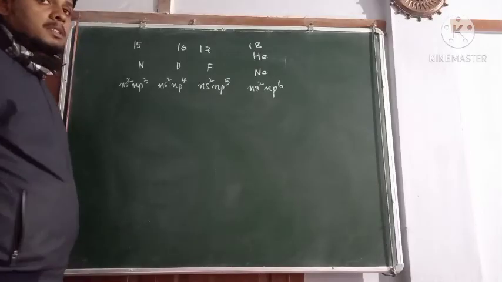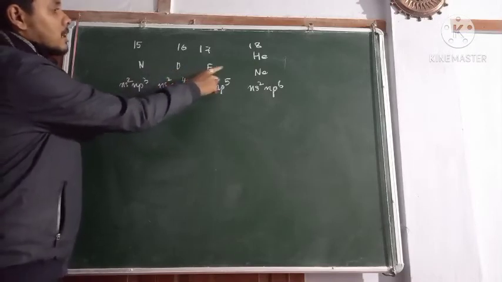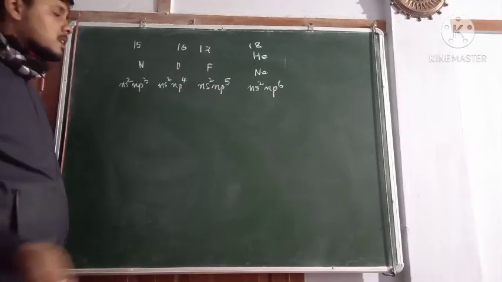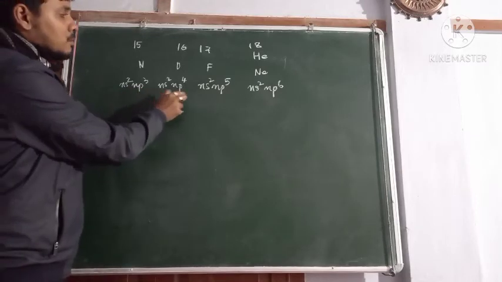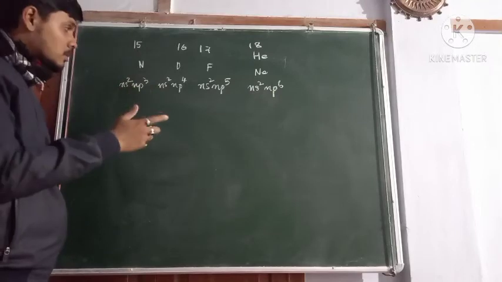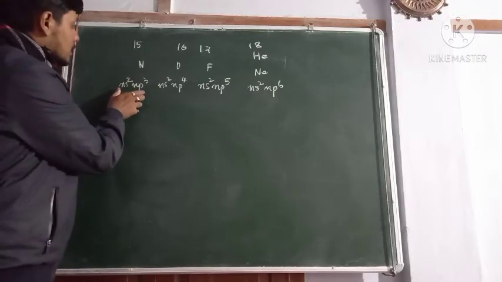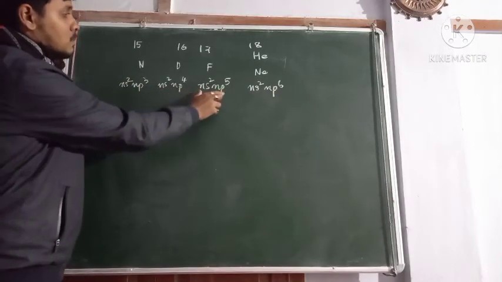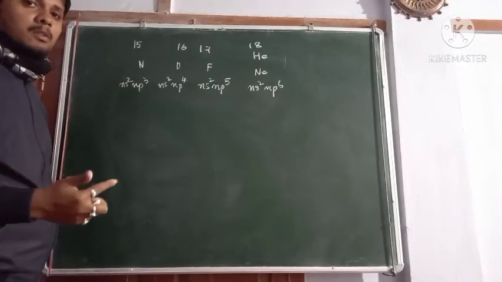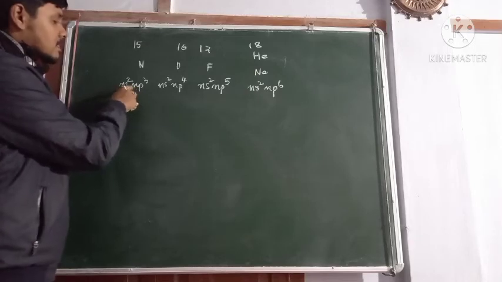Now if we see the nitrogen, oxygen, fluorine and neon groups, the general outermost configurations are ns2np3, ns2np4, ns2np5 and ns2np6, just like before. So these tell us how many electrons are in the outermost shell. N tells us the shell.